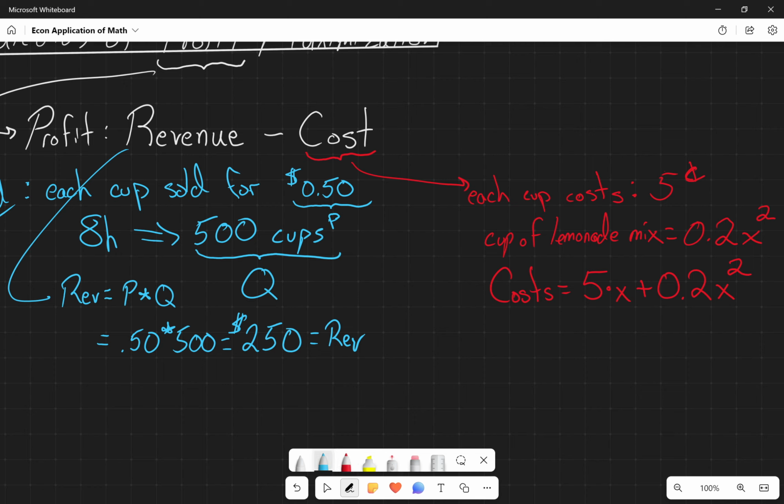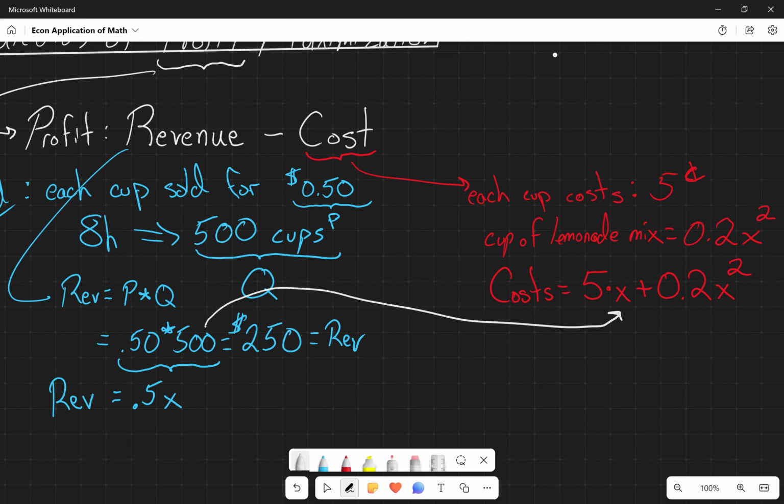And if we go back here, we can rewrite this in that same kind of terminology and say that our revenue is equal to 0.5 times the number of cups that we are selling that day. So now we can also plug in this 500 number into our x here to figure out what our profit is when we sell 500 cups. So on your own, go ahead and do that.